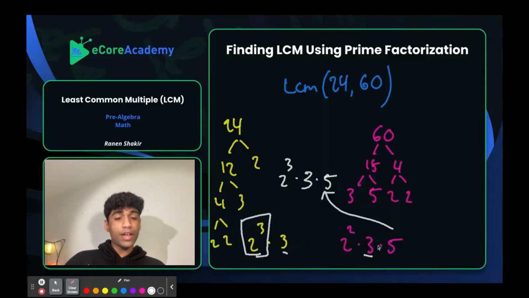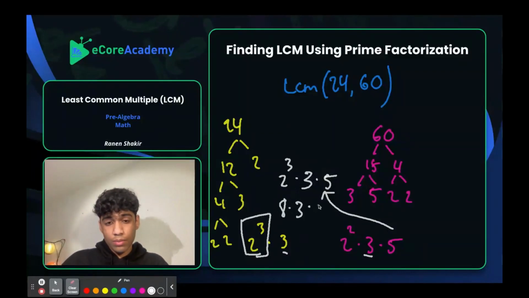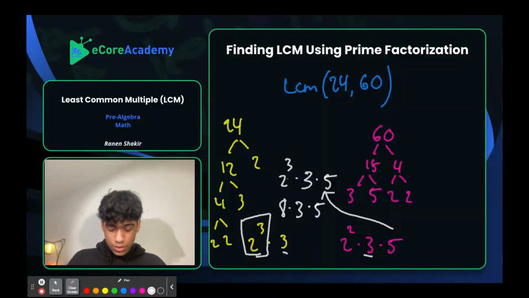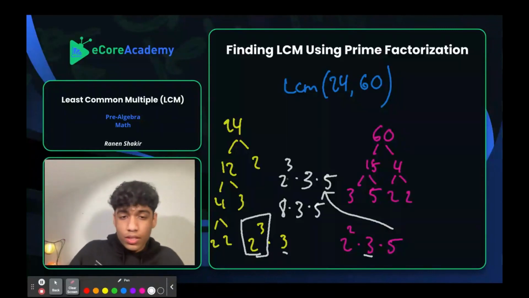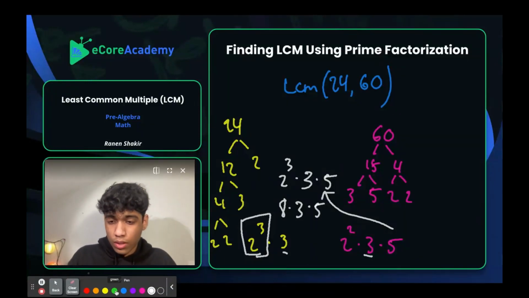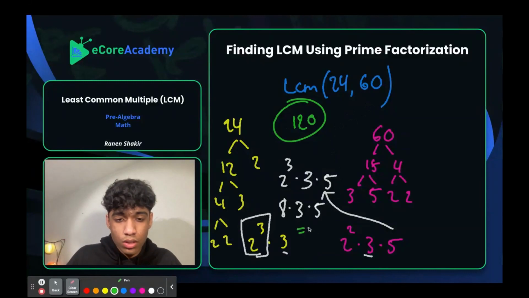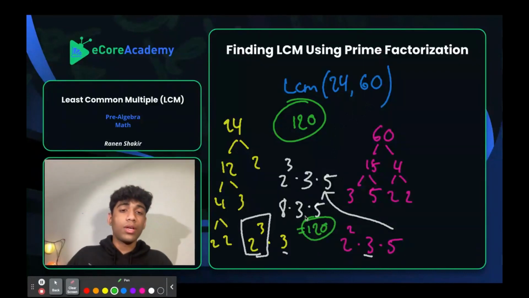And then you take the highest power of both of the prime factorizations and you plug it in here. So then when we multiply 2 cubed, 2 cubed is 8, times 3 times 5. You will get 8 times 3 times 5, and the answer to that, this is getting really small, and I apologize, but the LCM of these two numbers is going to be 120, because 8 times 3 times 5 equals 120.